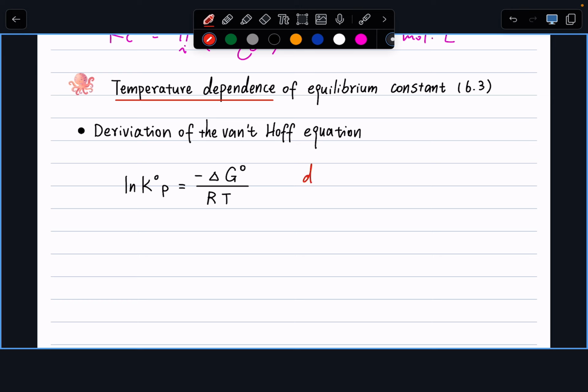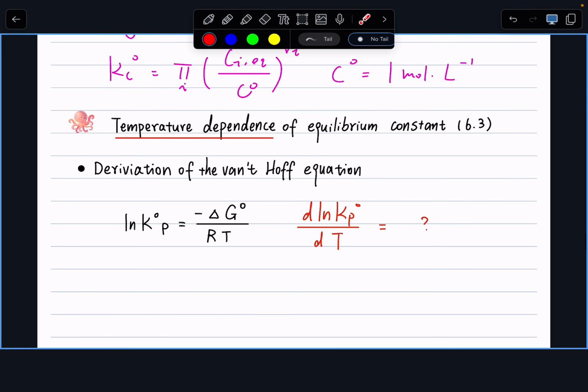The expression we're trying to solve here is the differential of my log Kp over dT. The Van Hoff equation is trying to solve this differential of your log Kp over dT. This is where we're going to start from, which is my log Kp equals negative delta G over RT, which is the same as this equation here.